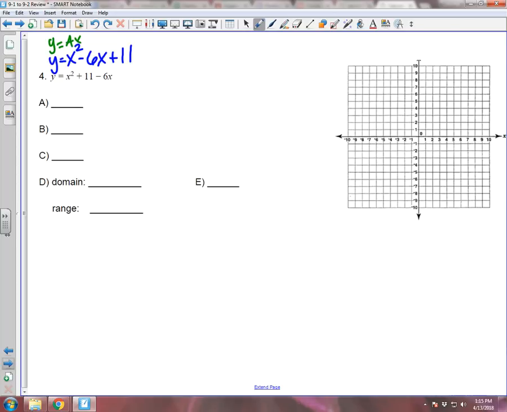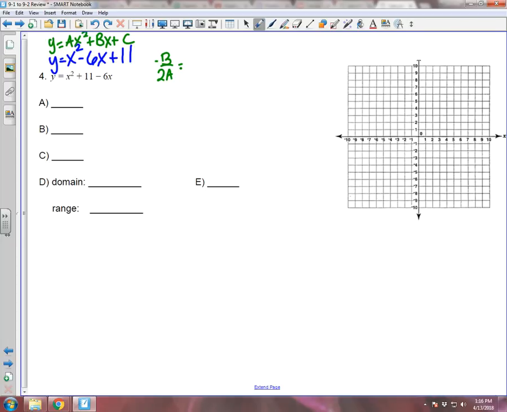Y equals ax squared plus bx plus c. How do I find the vertex in the standard form? Negative b over 2a. What is my negative b? Oh, that is easy. B is going to be 6. Right now it's -6. So you're going to make it +6, correct?